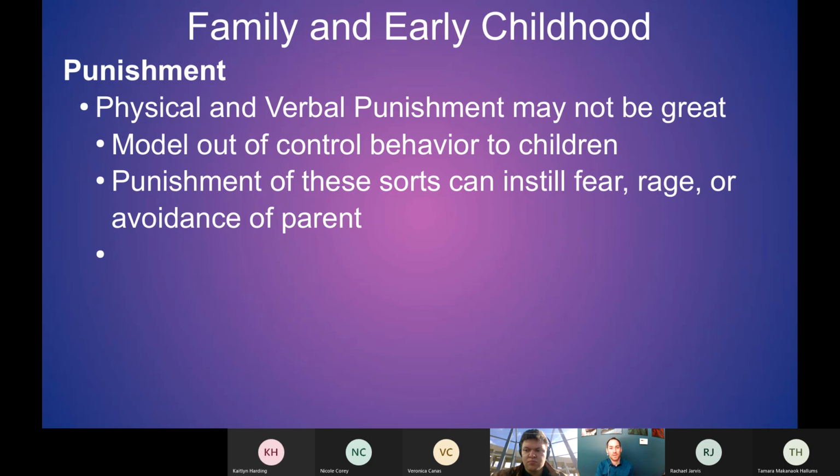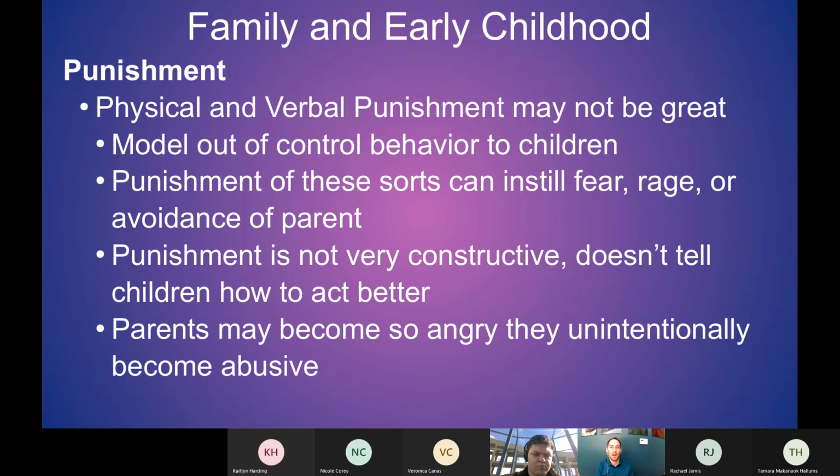So punishments of that sort can often instill fear or rage and even avoidance of the parent by the child, especially in early childhood. Punishment is also not super constructive. It doesn't necessarily help teach a child how they are supposed to act in that kind of situation. Something like emotion coaching can do a better job at teaching how to act.